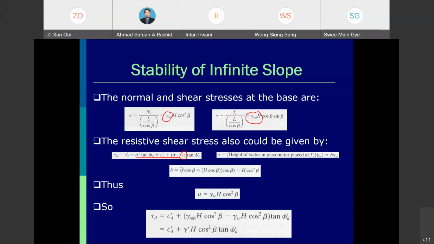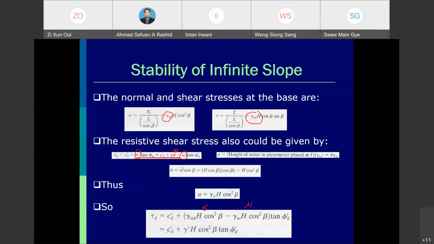Then we include the pore water pressure in the sigma, where the sigma is the total stress minus the pore water pressure to get the effective stress.